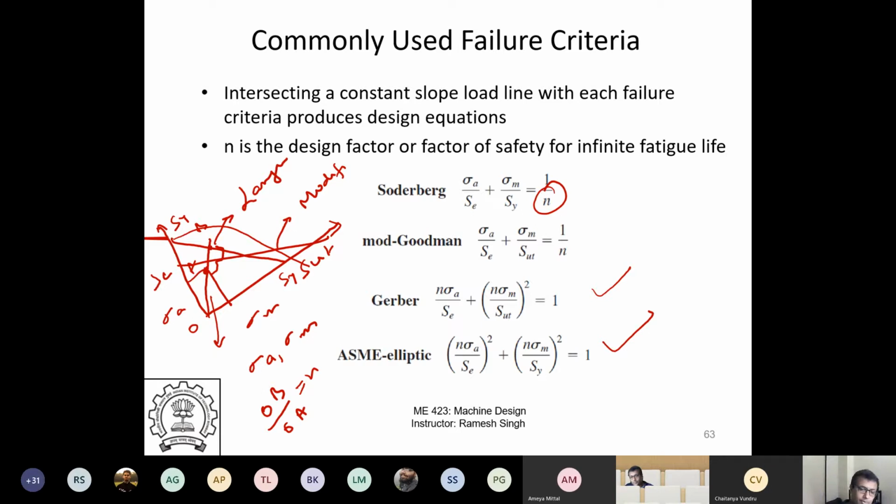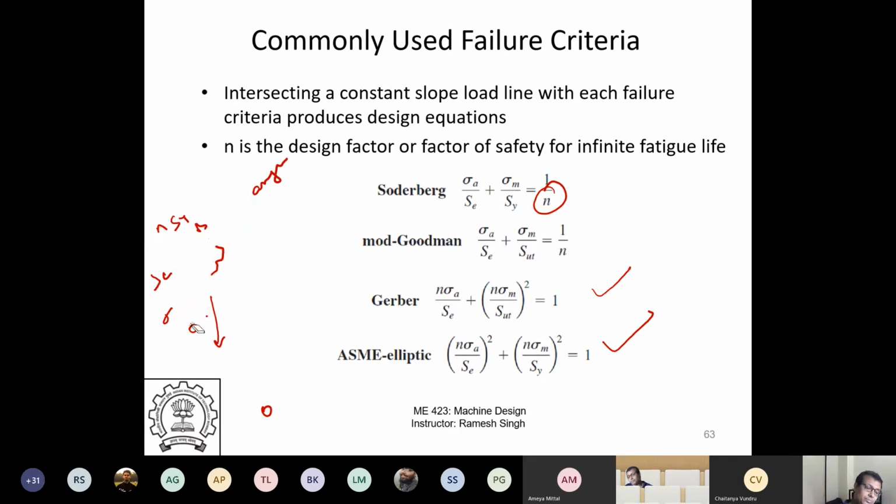Now, what if my n is less than 1? Tell me what does it mean? Somebody should type it or say it out loud. Ideally, for all my designs, this n has to be greater than 1, right? Then only I'm safe. But what if I do all this and find n to be less than 1? What does this mean?